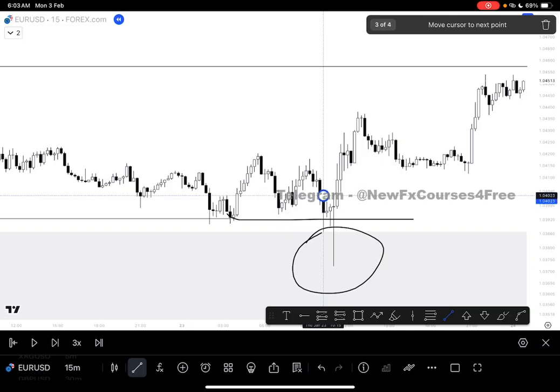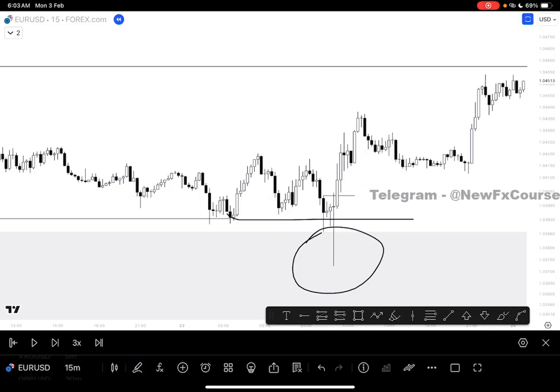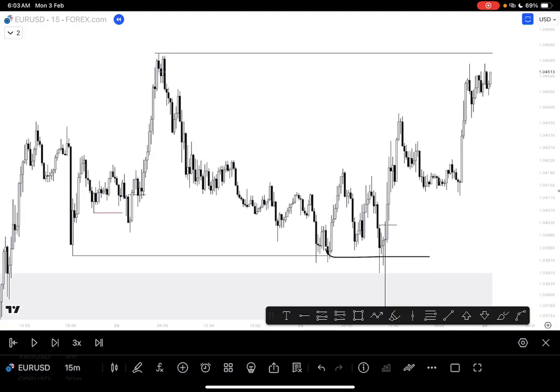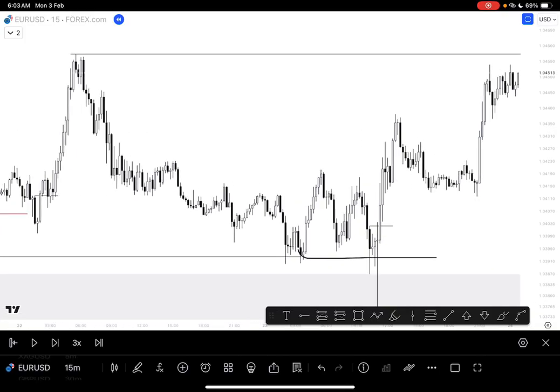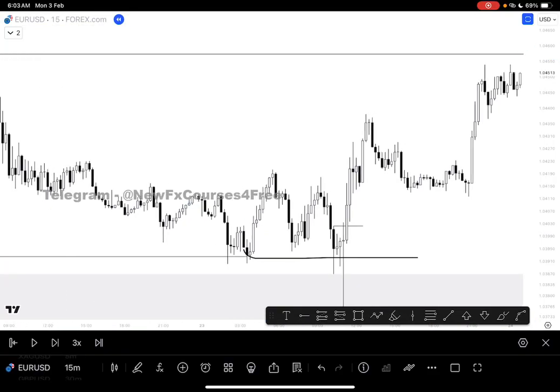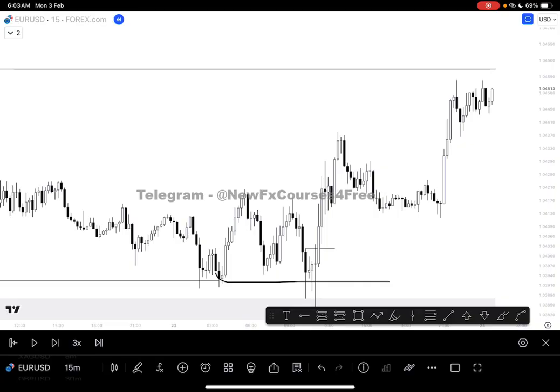Closing above this candle here confirms bullishness, and you can target your opposing side of your daily range here into this move here.